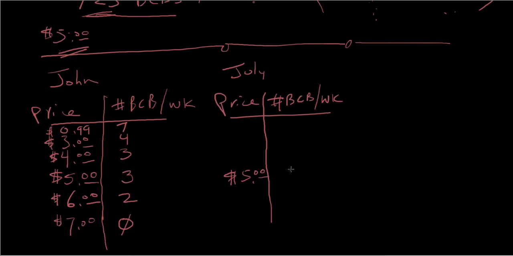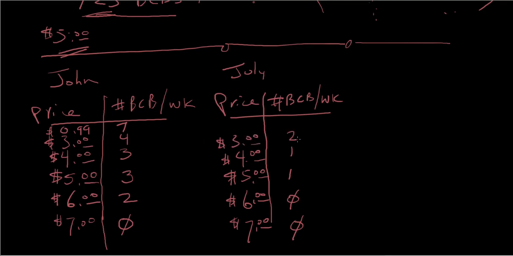She may say, I'll just have one. If it's $6, then nothing. And $7, of course, she's not going to have any. At $4, she may say she'll still have one. At $3, maybe two. And if it's 99 cents, maybe three.